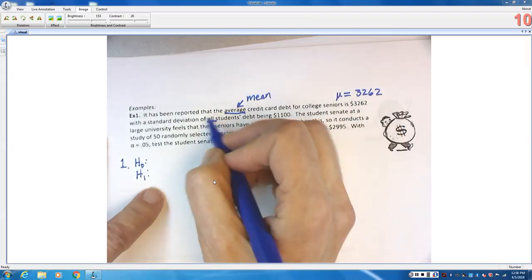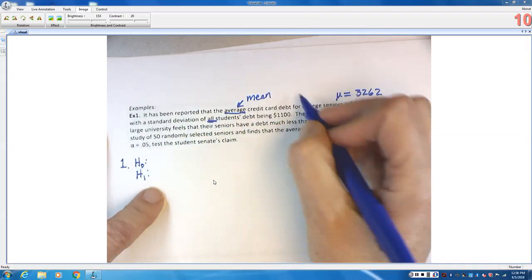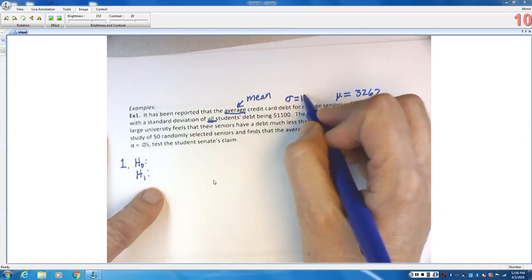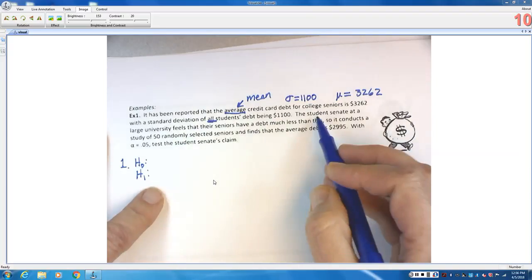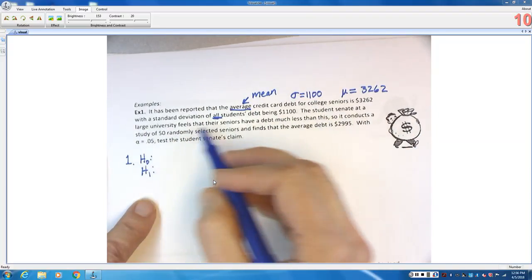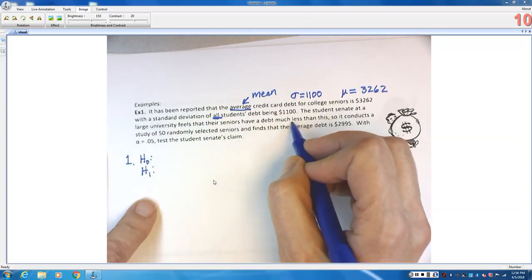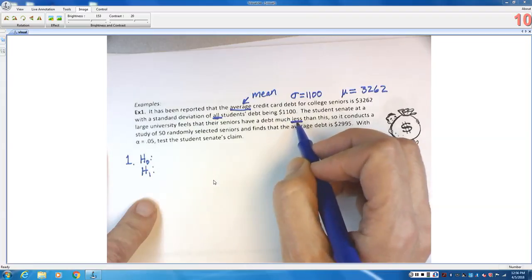So this is sigma equals 1,100. The student senate at a large university feels that the seniors have a debt much less than this. We could just check less than.